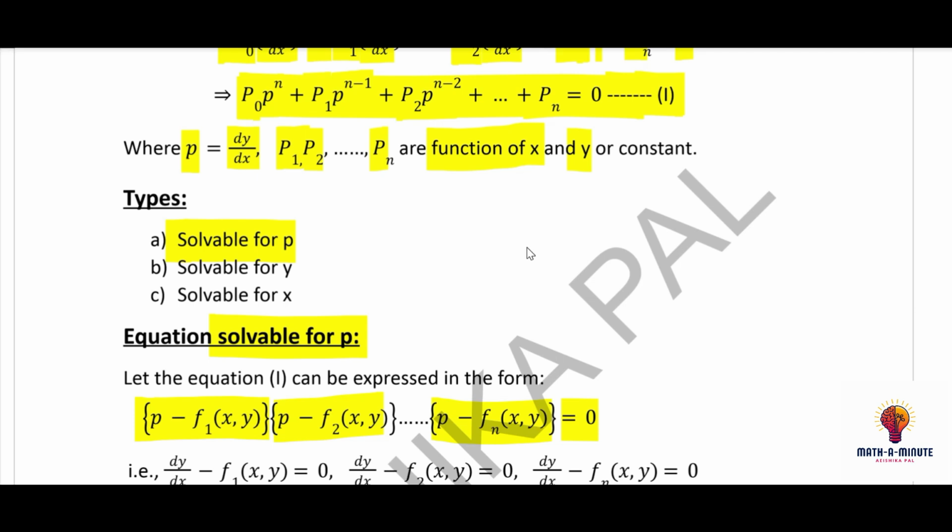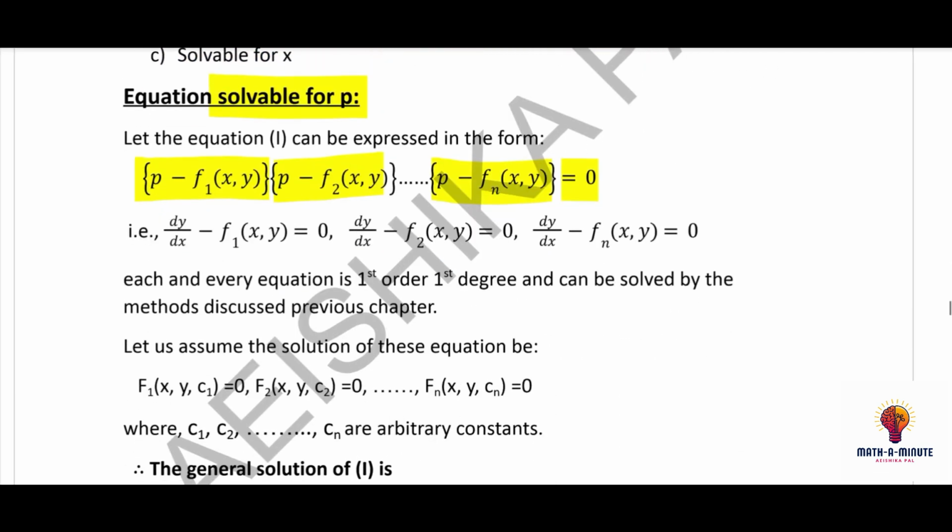Here we take each and every separate equation. Means we take the first factor as the first equation, so p, which is basically dy/dx, minus f1(x, y) equals 0, and the next equation in this way, and the last equation in this way. Separately we solve each and every equation.